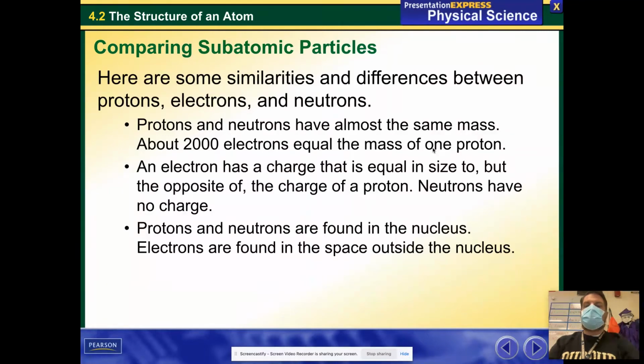About 2,000 electrons equal the mass of one proton. However, an electron has a charge that is equal in size to, but opposite of a proton, and neutrons have no charge. Protons and neutrons are found in the nucleus, while the electrons are found in the space outside of the nucleus. And they're kind of like in orbitals or clouds, and we'll talk more about that later on.